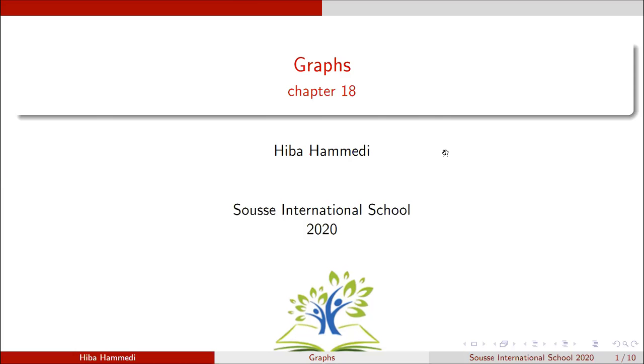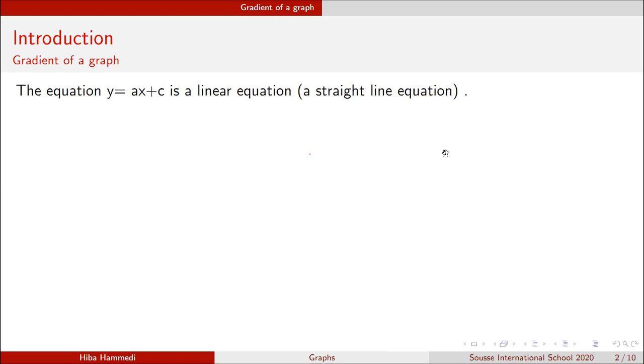And in this chapter, we will deal basically with the equation of a line, or a straight line, let's say. Normally, the equation of a straight line should be in the form y is equal to ax plus c. It means y is equal to a coefficient or a number times x plus c.